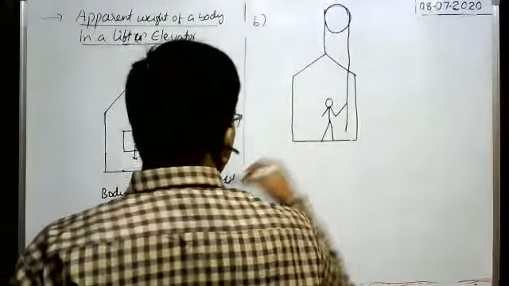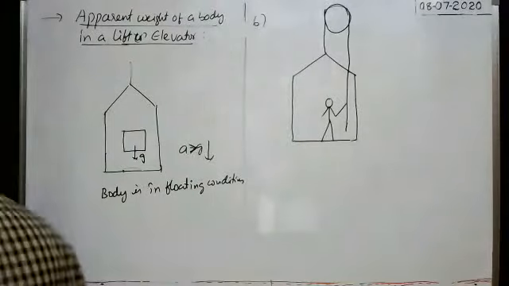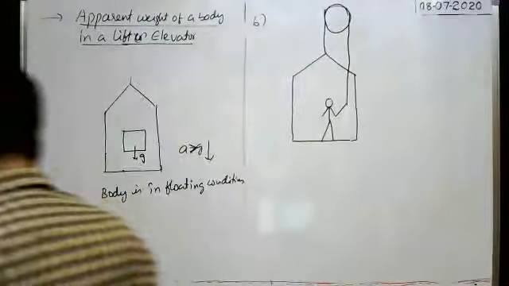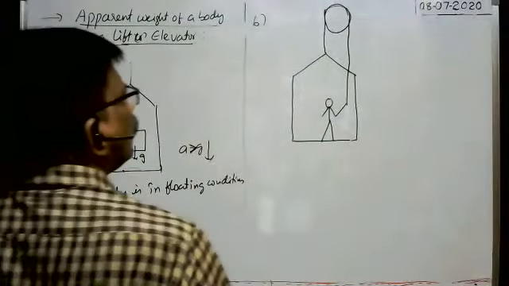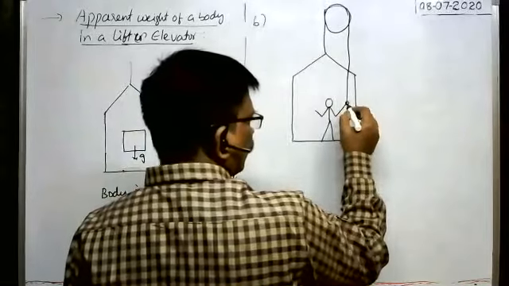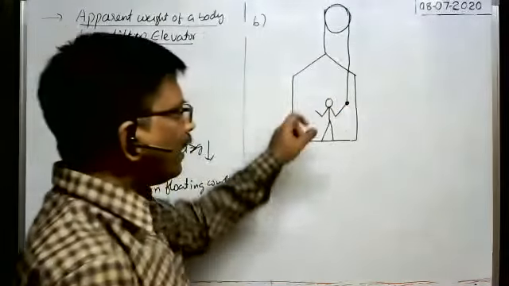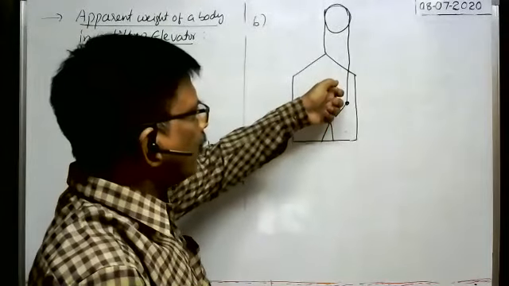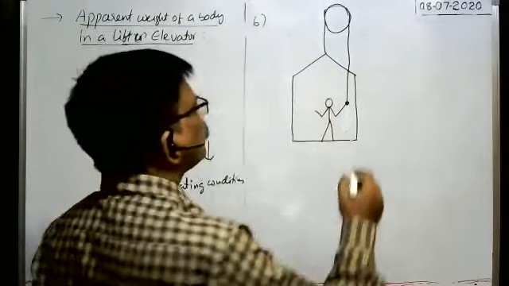Of course, he has two hands. Okay, here the man stands on the floor of the elevator or crate, and he holds the other end of the rope with his hand.